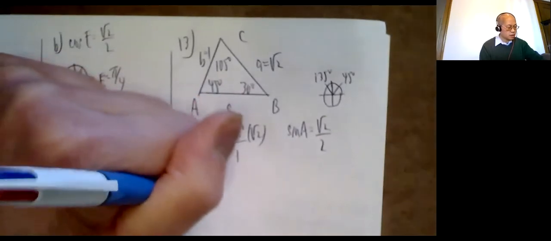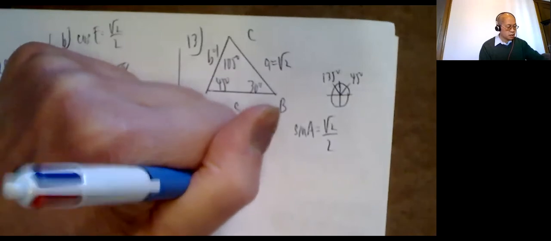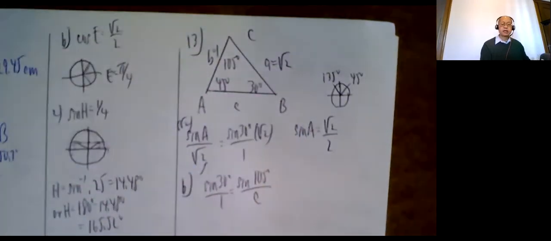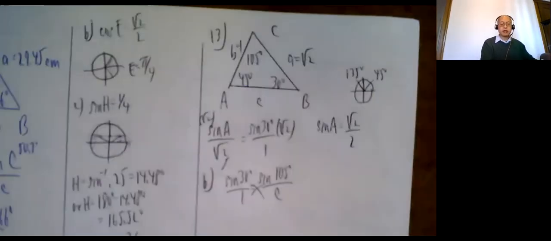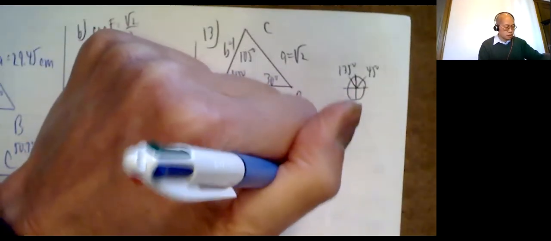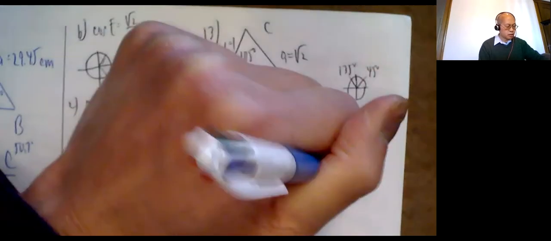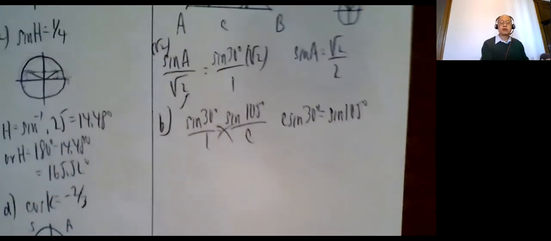Then sine of 30 degrees over 1 equals sine of 105 divided by c, little c. Cross multiply: c sine 30 degrees equals sine 105 divided by sine 30.